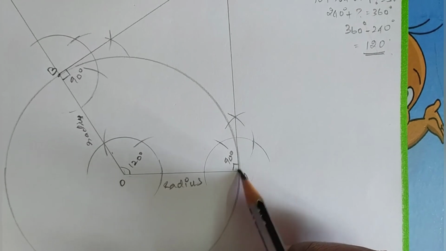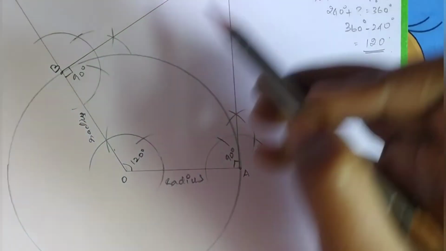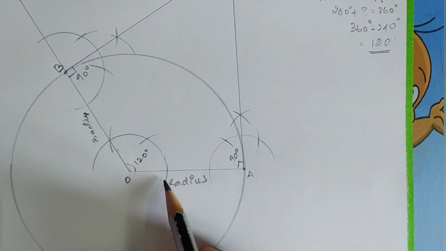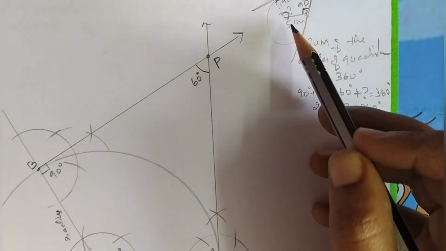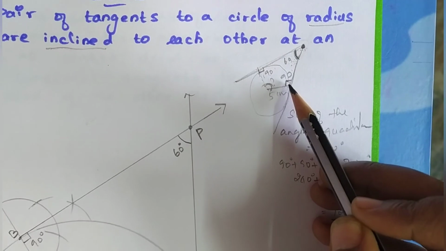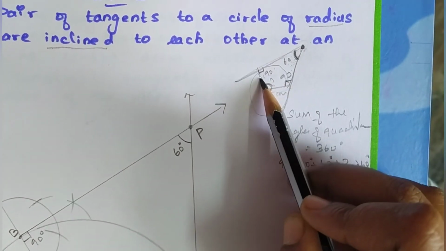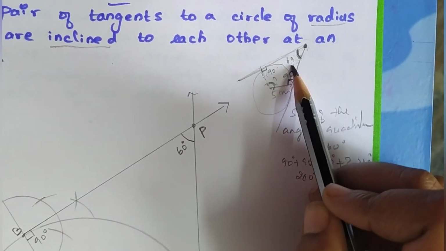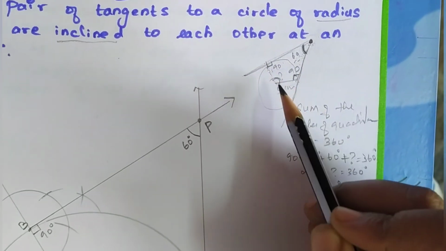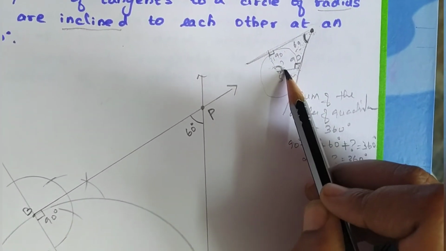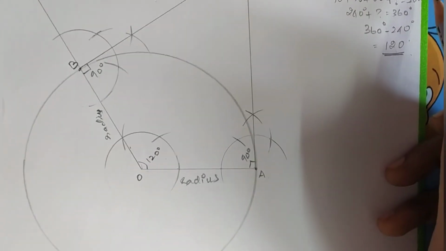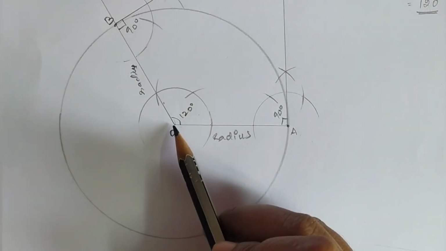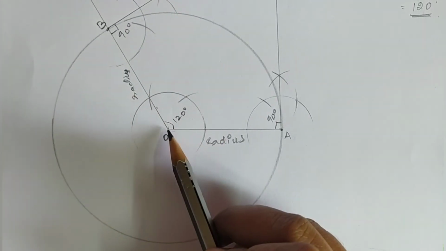From here construct 90 degree, and from the center construct 120 degree that we found from the question. This must be 90 degree and this must be 90 degree, and the inclined angle must be 60 degree, as given in the question. From the center construct 120 degree using the property of a quadrilateral.